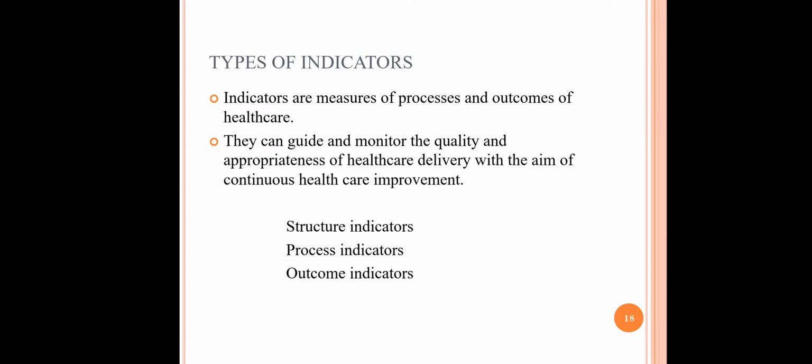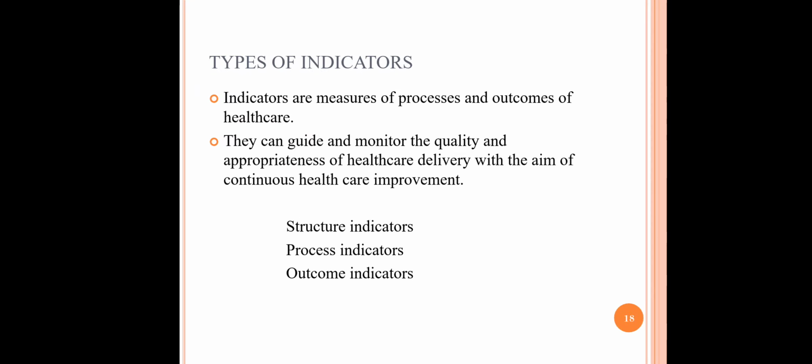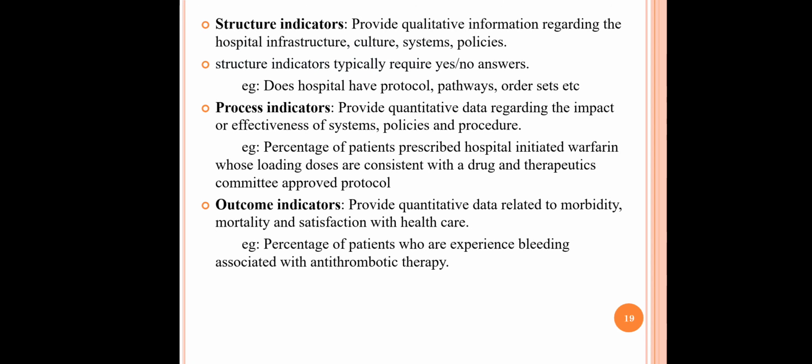Then types of indicators. Indicators are measures of process and outcome of healthcare. They can guide and monitor the quality and appropriateness of healthcare delivery with the aim of continuous healthcare improvement. Structural indicators, process indicators, and outcome indicators.